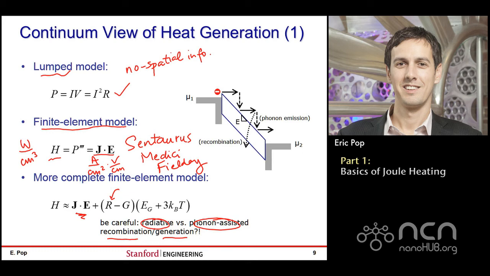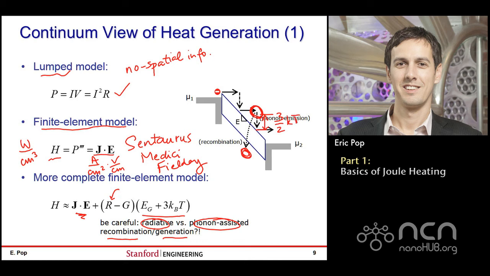What might be a little bit surprising to you here is to see the second term multiplied not by the band gap, but by the band gap plus 3 kT. Where this comes from is the fact that the average electron above the band gap and the average hole below the band gap, on average, of course, have an energy of about 3/2 kT.